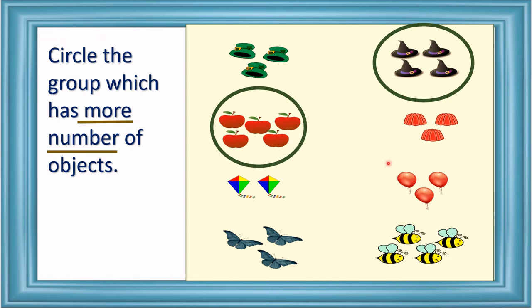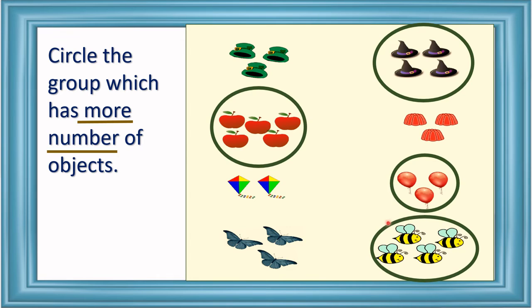So let us circle 3 balloons. Right? Because they are more. Now in the last row, 3 butterflies and 4 bees. Very nice. We are going to circle 4 bees because they are more in number. Correct?